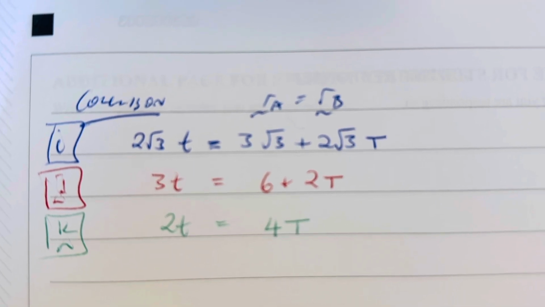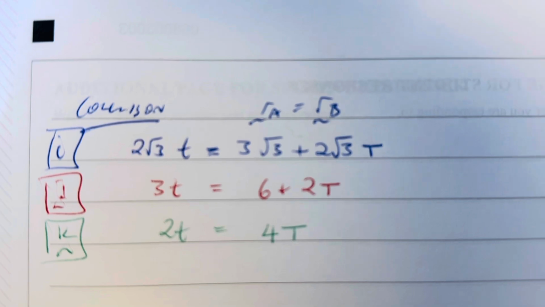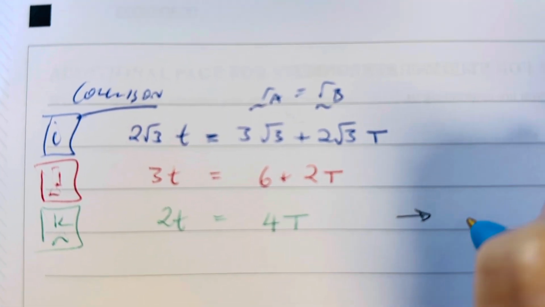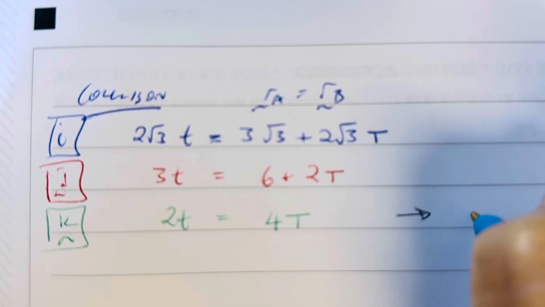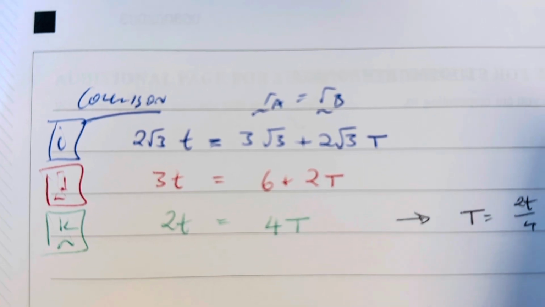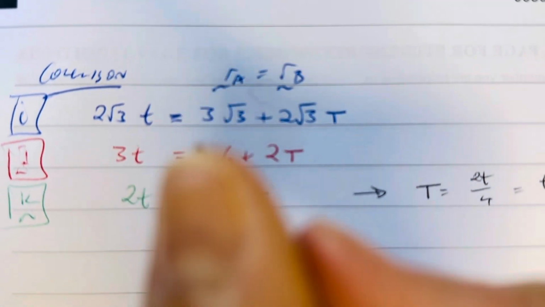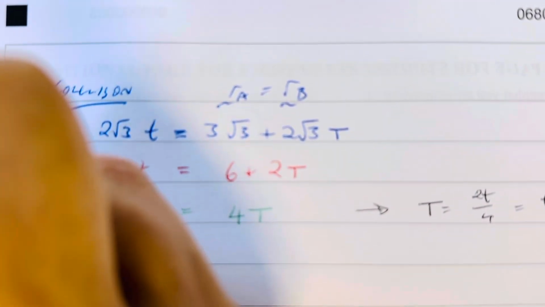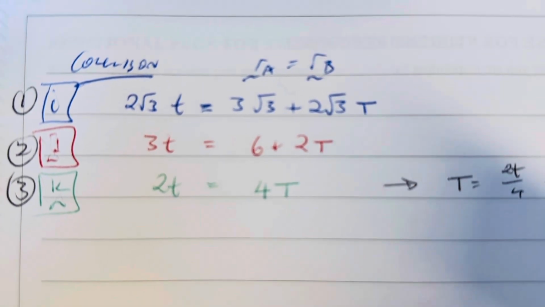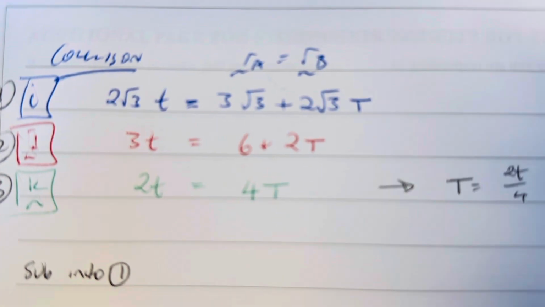So equating them out, let's go the simplest way. If I change the k equation around, t would equal 2T on 4, or T on 2. Now, if I call these equations 1, 2, 3, I'm going to sub into 1.